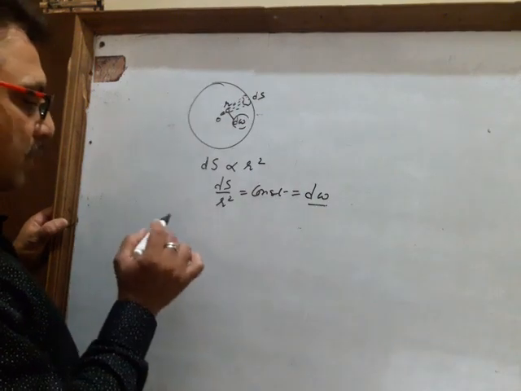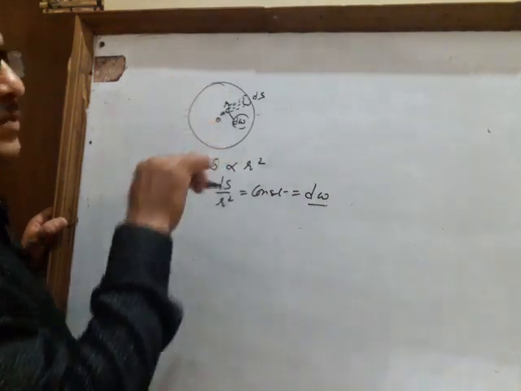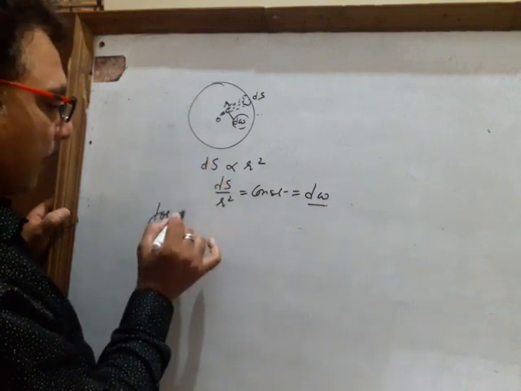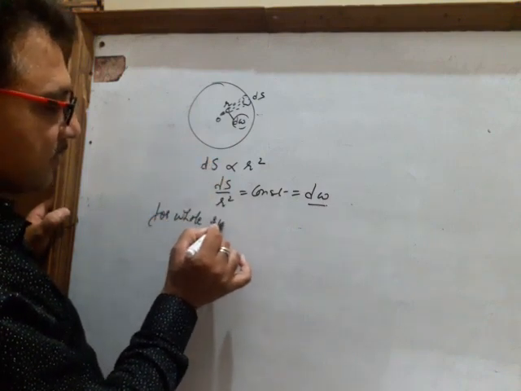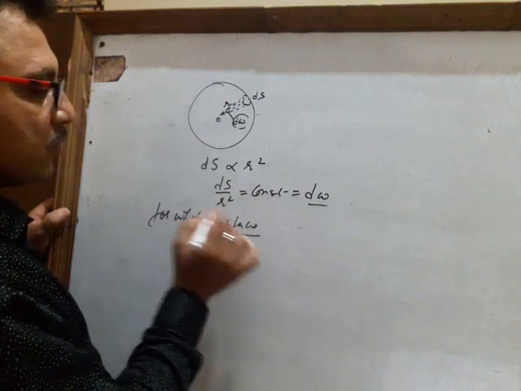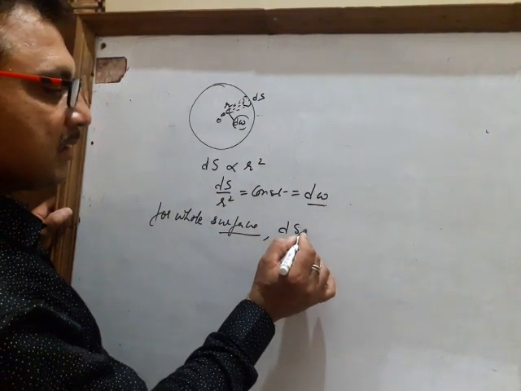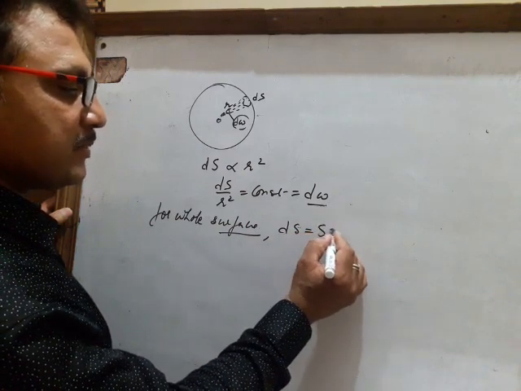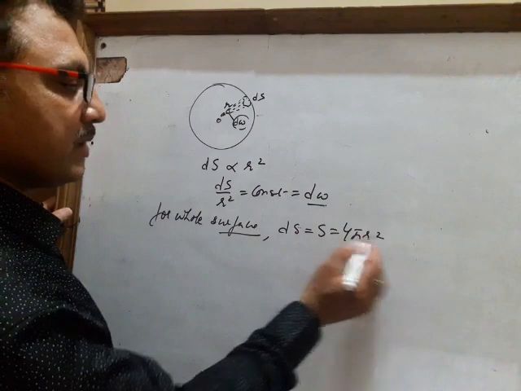If I talk about the entire surface of the sphere, for the whole of the surface, the integral of ds is s, which is 4 pi r square.